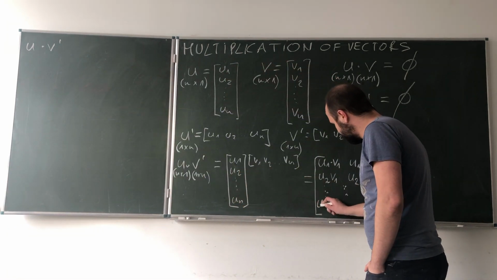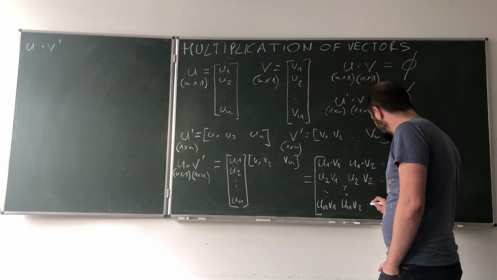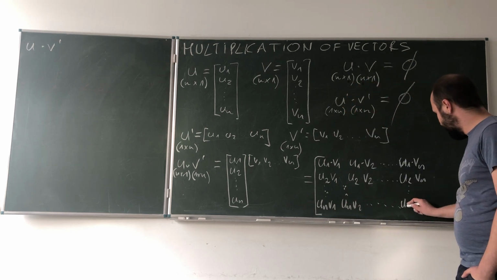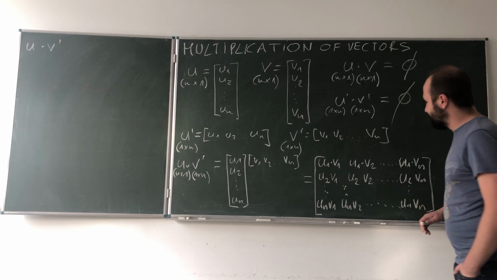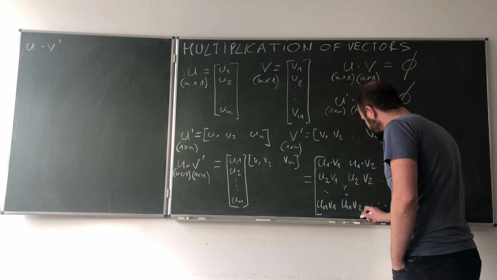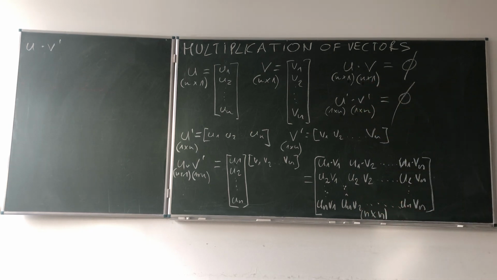So un, we would have un v1, un v2, until un vn. And definitely we see this matrix will be of dimension n by n.